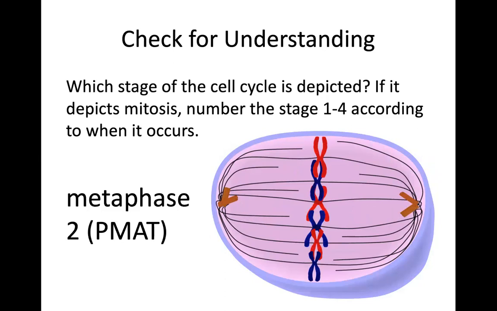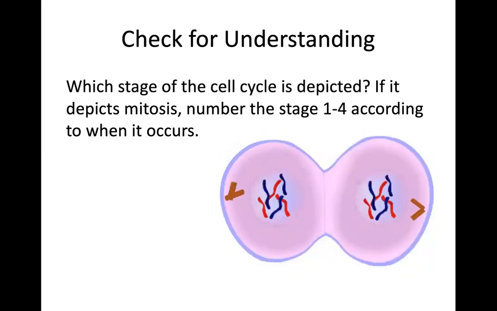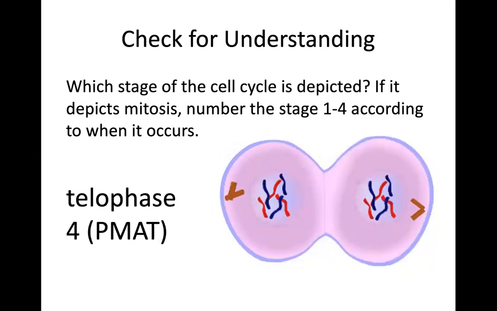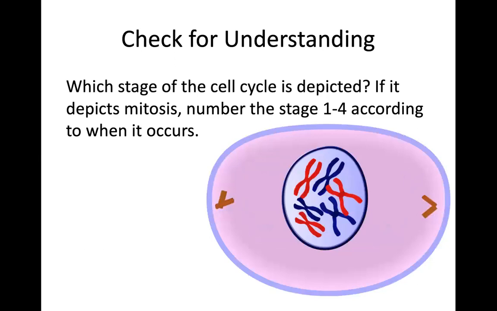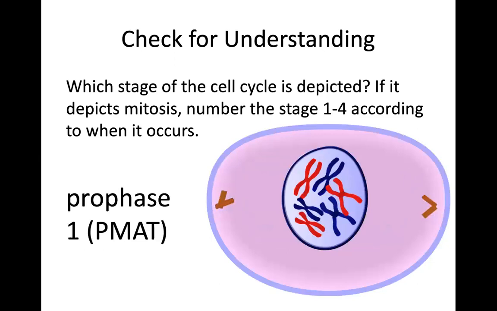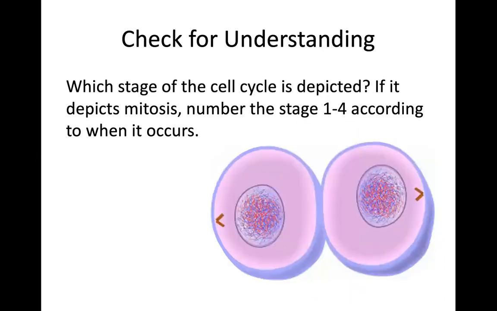Perfect. Nicely done. 1, prophase. Nice job, y'all. Cytokinesis. We don't have to give that a number even though it's the end. So interphase at the beginning, cytokinesis at the end. That's when we actually get 2 daughter cells. So telophase is the starting to split.